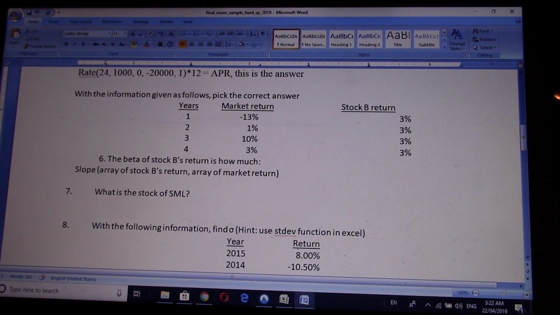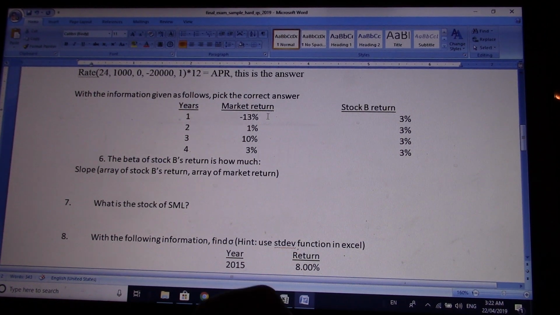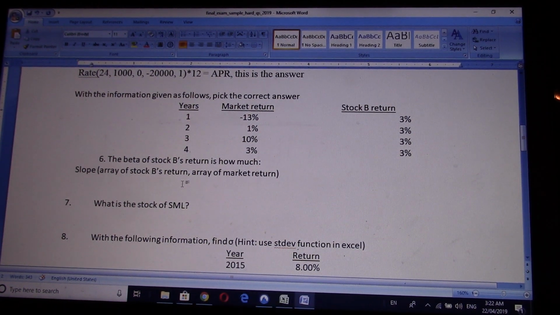But anyhow, for this one, you see there's no deviation for stock B's return. If the market goes down, stock B's return is 3%. Market goes up, and stock B's return is also 3%. So you see stock B is risk-free. Risk here means volatility, that's risk.